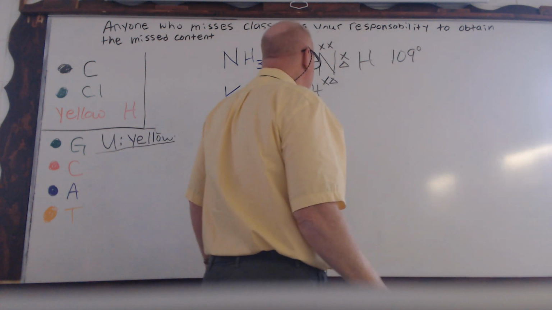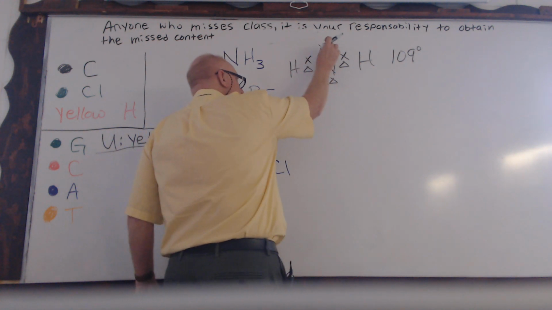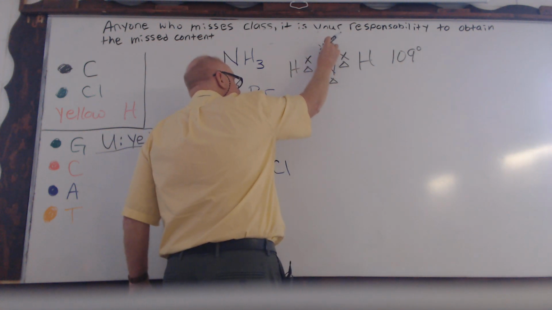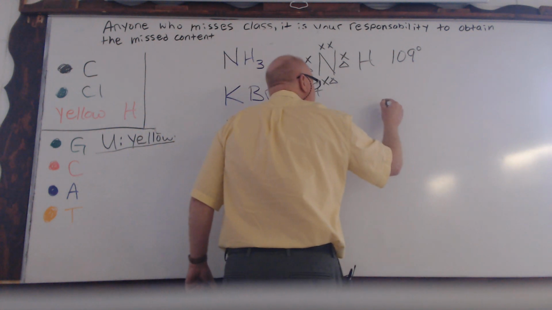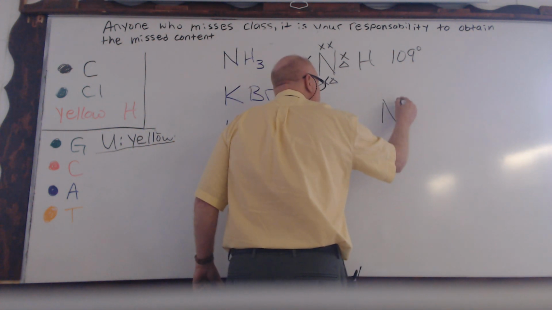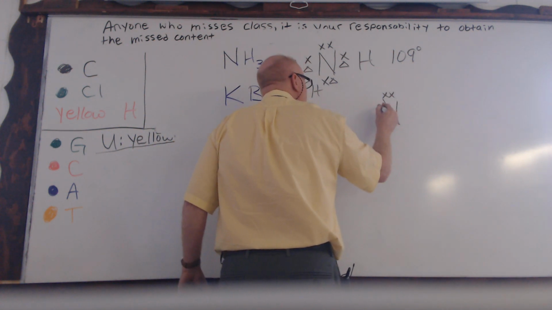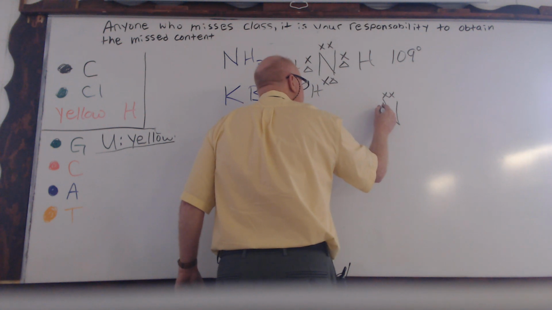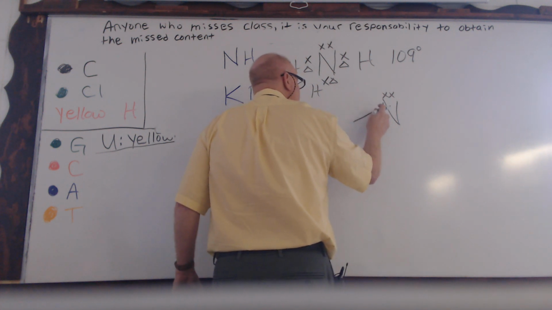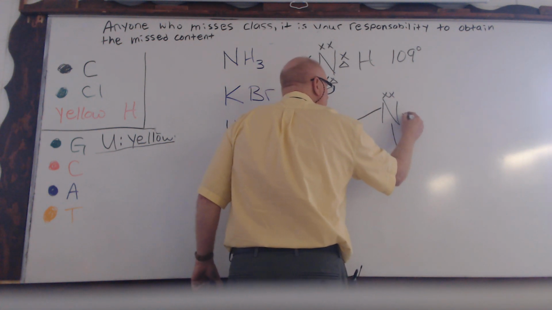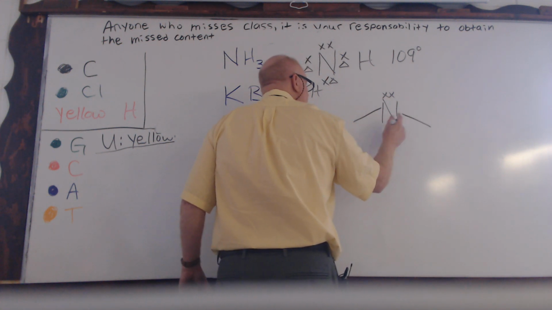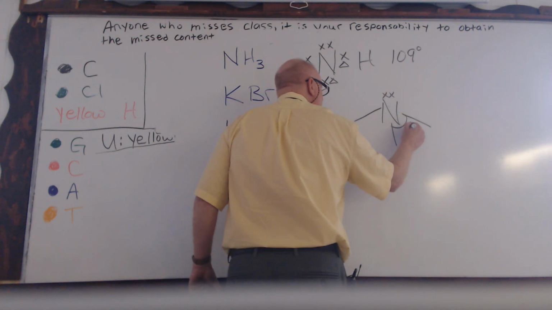Because these electrons are not shared up here, that's why you keep them together, this molecule really looks something like this, and that's where this angle is about 109 degrees.